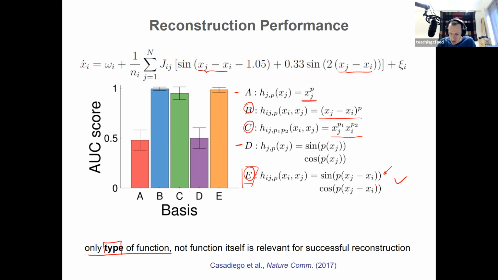This is correct here, it's correct here, and it's correct here. So here's one variable, two variables, one variable, two variables. So all these three are good, although only the E choice is the actual one. So again, only the type of function, not the function itself, is relevant for successful reconstruction.